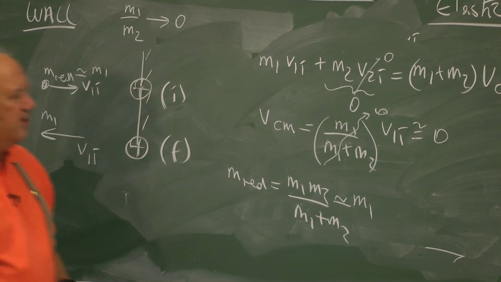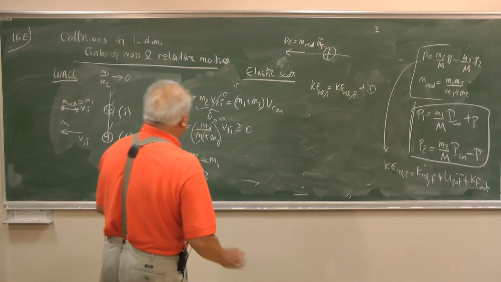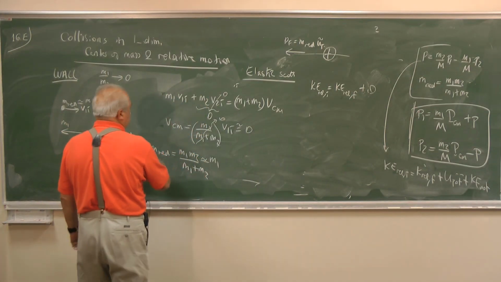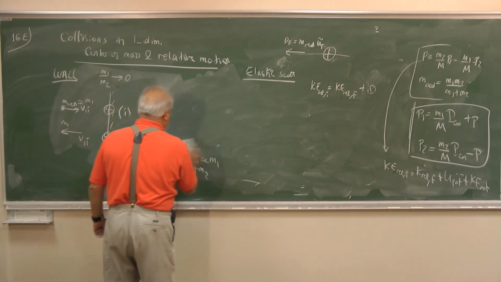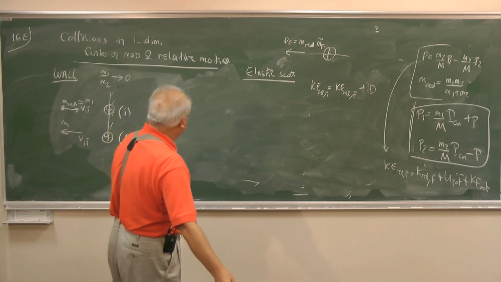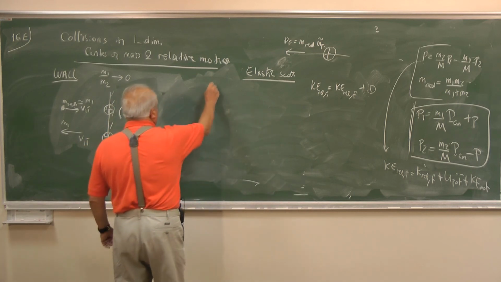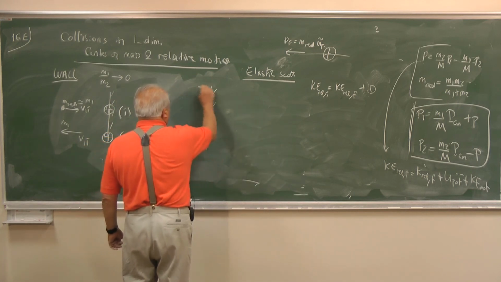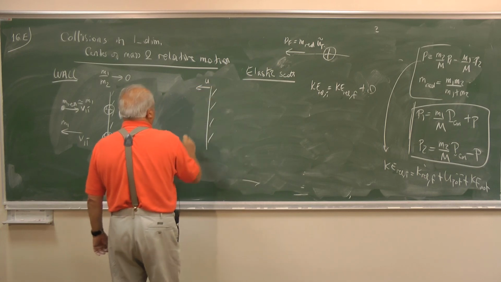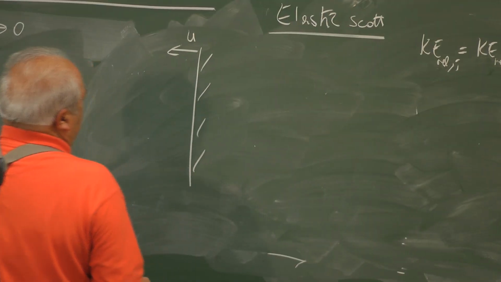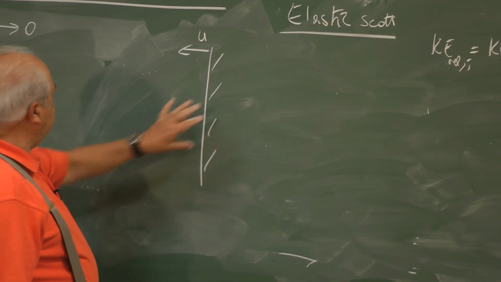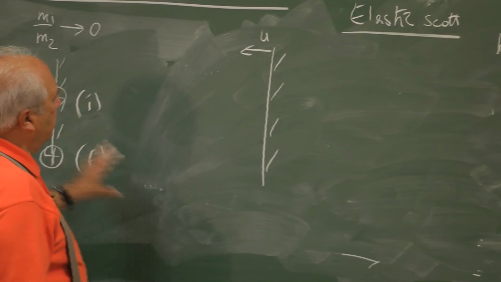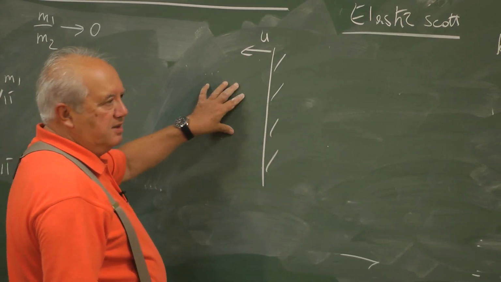Okay. A variation which can be solved trivially is this. Let me erase this part. What if the wall moves? Now, if the wall moves, remember the central mass is with the wall. So if the wall moves, central mass is moving to the left.